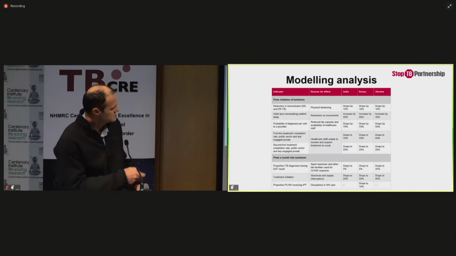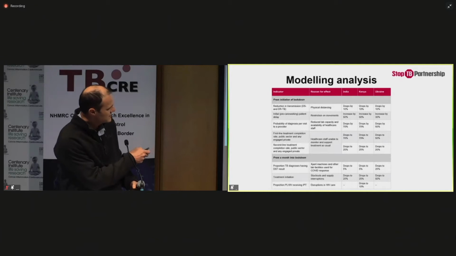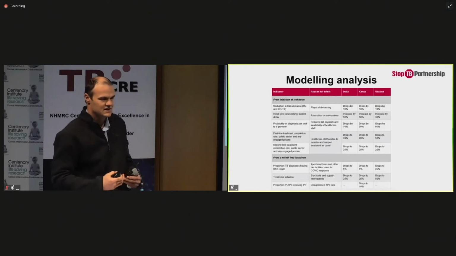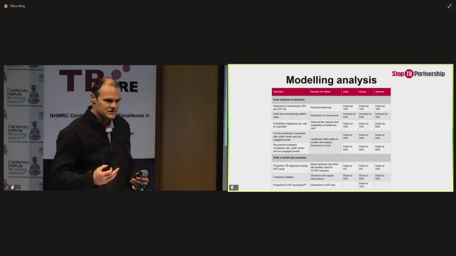I'm not going to go through this in detail, but you can see that they've considered all the main impacts. They had to quantify what they thought those resulting numbers attached to the impacts would be. You can see in every instance they've accepted a negative impact, like a drop in case detection, a drop in treatment adherence, so increased drug resistance.